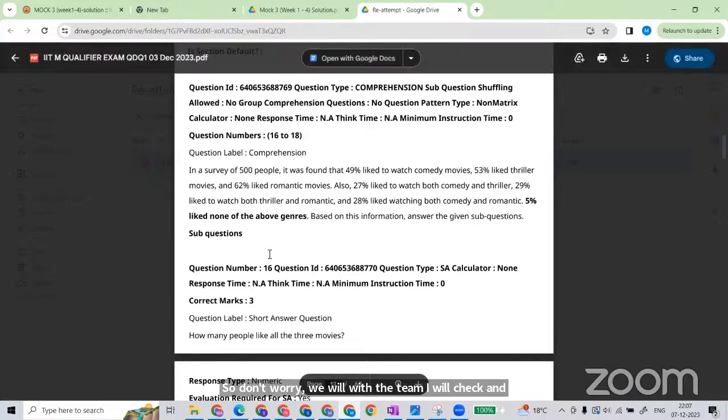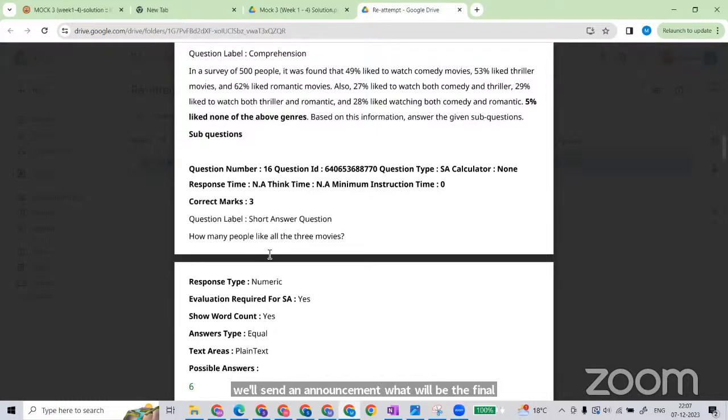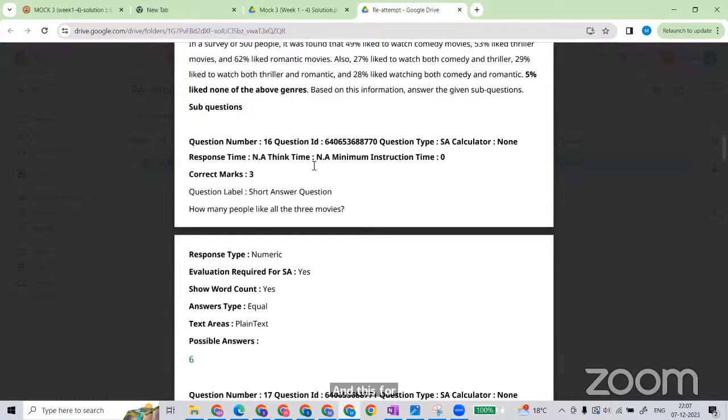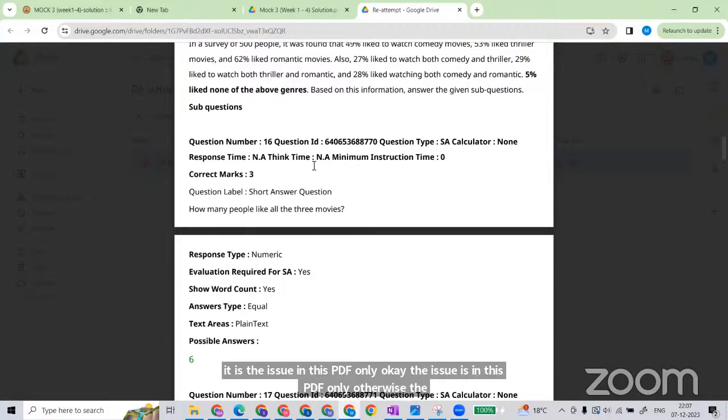Sir, please give marks for this problem, the answer is 75. See, the issue is in this PDF only. But sir, whatever you are saying, Shubham, second number answer is correct, 17 correct and 18 correct, but the first option is 6 randomly.